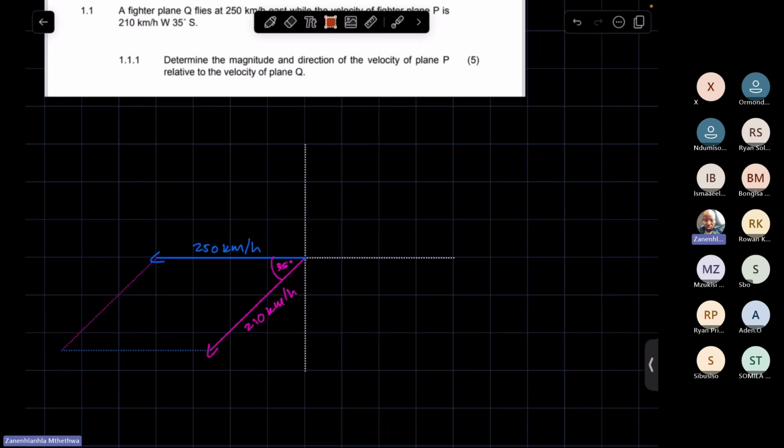And then where the two vectors meet, so where this vector and this vector that completes the parallelogram meet, which is the dead point, that is where we will have our resultant. Because remember, the velocity of P relative to Q will be the resultant of this parallelogram, or if you're using the method of components, it will be the resultant of the method of components.